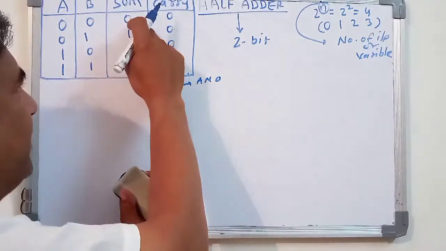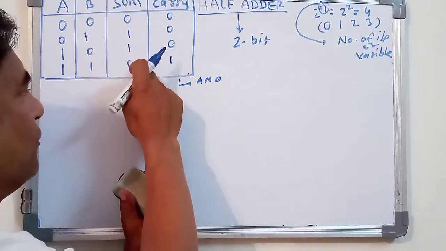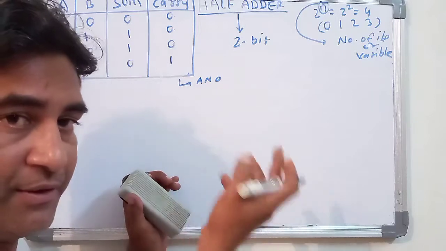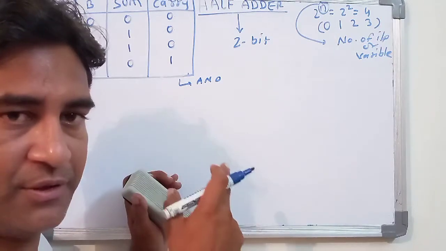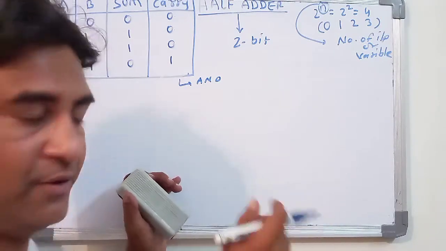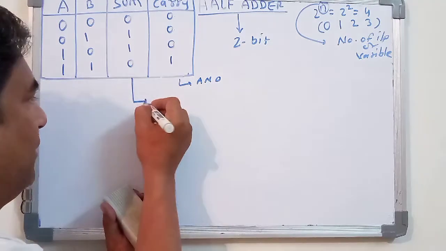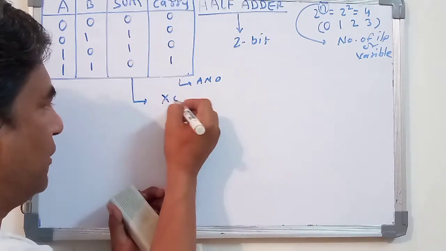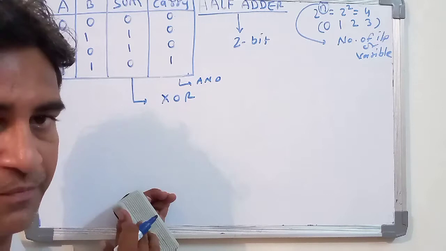And for the sum, the output 0 1 1 0, which gate was that? It was the XOR gate. So this table output is an XOR gate output.